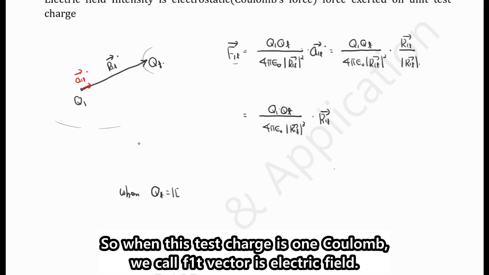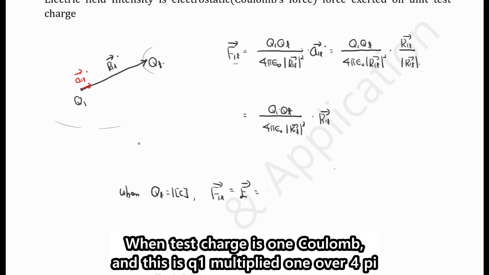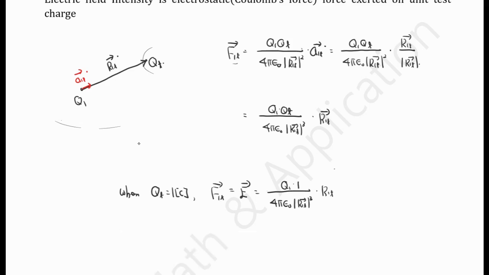So when this test charge is 1 Coulomb, we call F1t vector the electric field intensity, and this is Q1 multiply 1 over 4 pi epsilon 0 magnitude of R1t vector cubed multiply R1t vector.